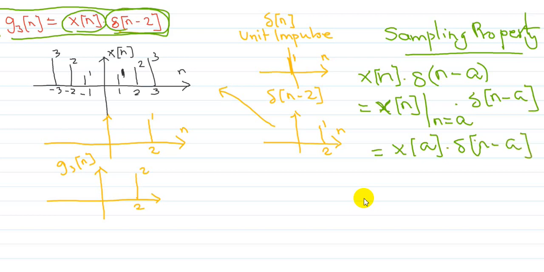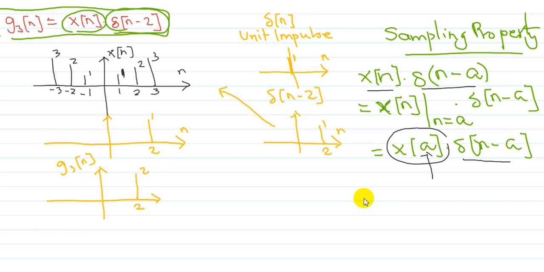What it means is that whenever I multiply a signal with some shifted impulse, I'm going to get the same impulse at the same position, but the value of the impulse will be the value of the signal at that particular constant shift value.